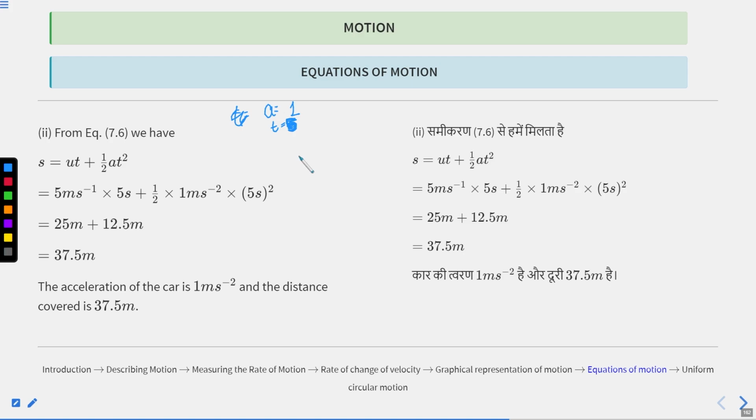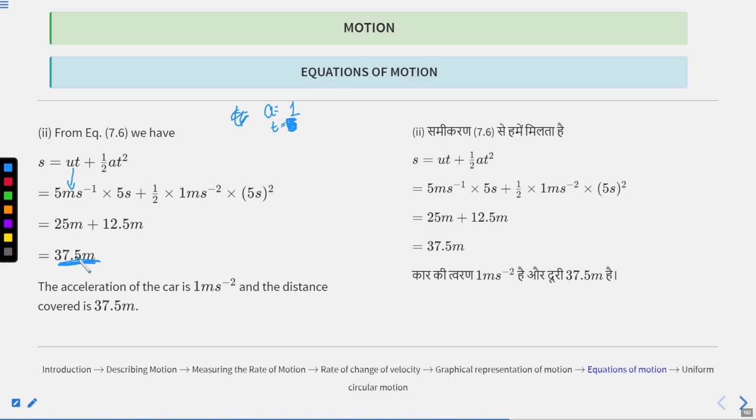So we will use the second equation of motion. U is 5, t is 5, half, acceleration is 1 and this is 5. 25 plus 12.5, distance is 37.5 meter. So the acceleration of the car is 1 meter per second square and the distance covered by it is 37.5 meter.